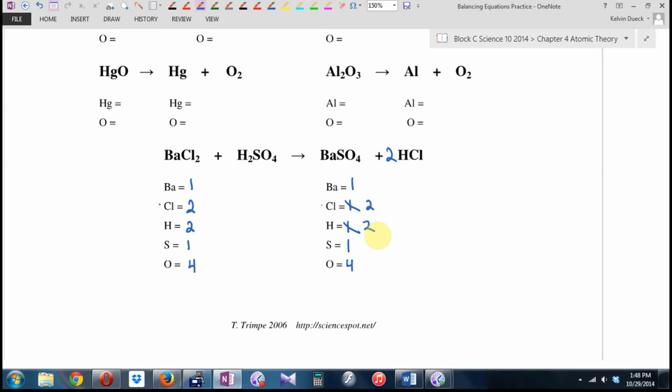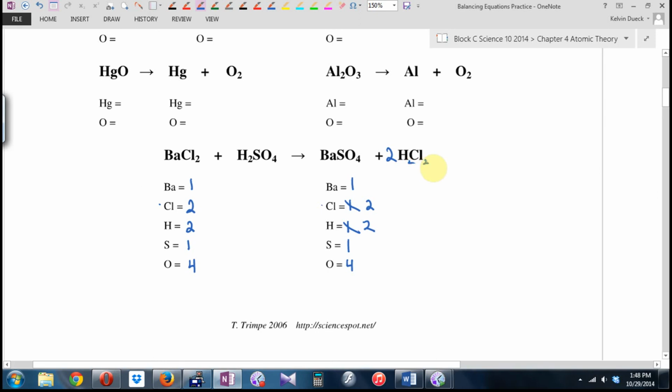Folks, just to let you know how tough we get, I would consider that a C level question, not a C plus, not a B. I would expect some kids still to get that wrong, but only one change took care of everything. If you're changing subscripts, you're saying they crisscrossed wrong, and they did not.